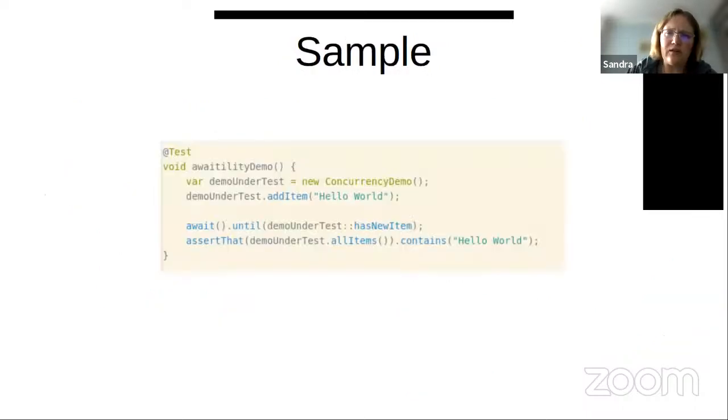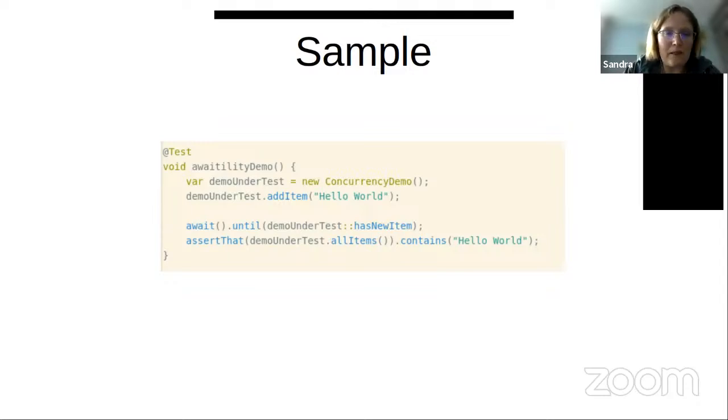So how can I write a test? Let's look at a sample. Now I have a class ConcurrencyDemo. Item. And I want to test if this object has this new item hello world, but I have to wait till the concurrency is running properly. So I have the possibility to say, hey, wait until the method that I call matches a condition.